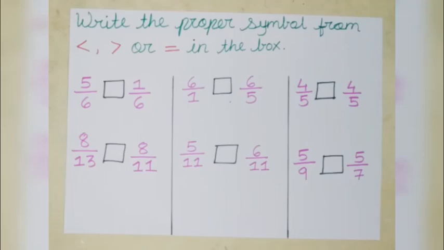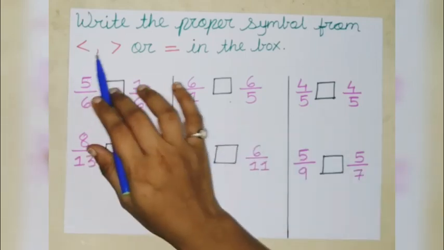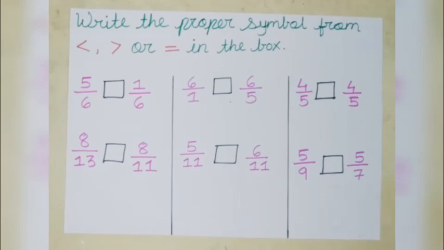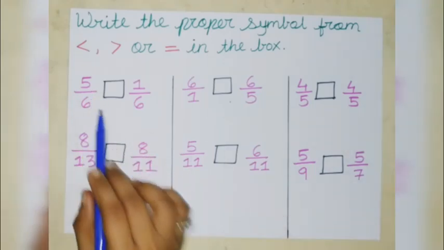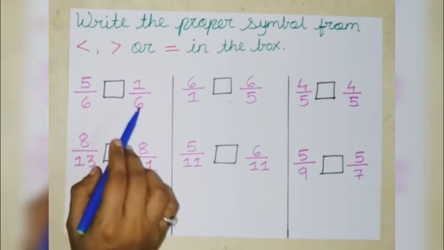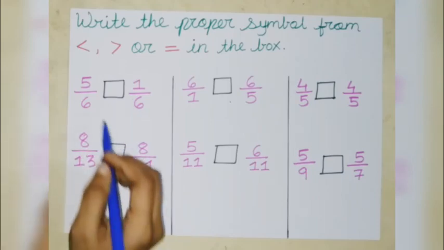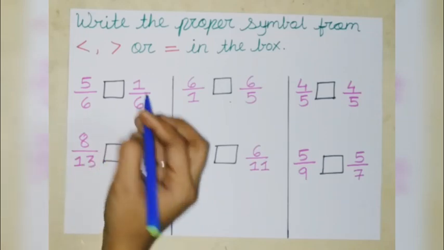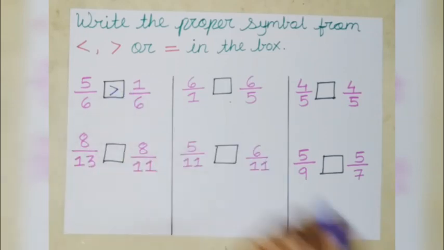Your next question is write the proper symbol from greater than, smaller than or is equal to in the box. Here your first fraction is 5 upon 6 and 1 upon 6. Denominators are equal. So children, this is the greater fraction.